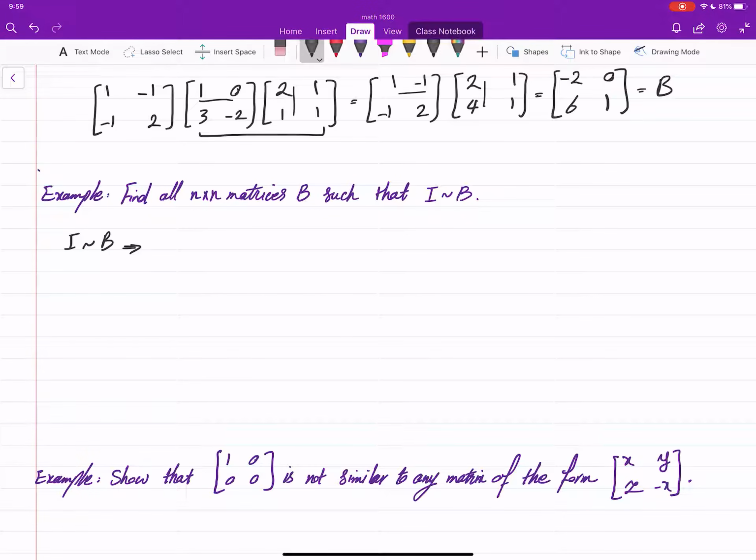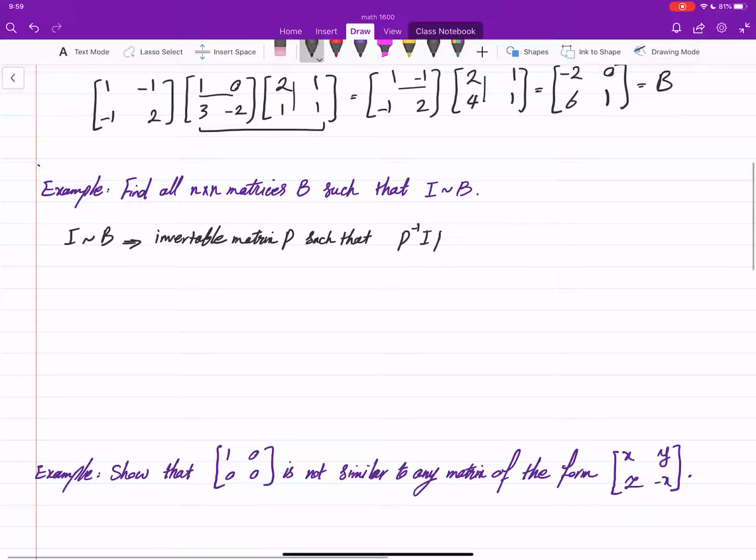It means that there exists an invertible matrix P such that when we multiply P inverse to the identity and then multiply by P, we get the matrix B. But we know when we multiply the identity matrix to any matrix, we get that matrix. And we multiply any matrix to its inverse, we get the identity matrix.